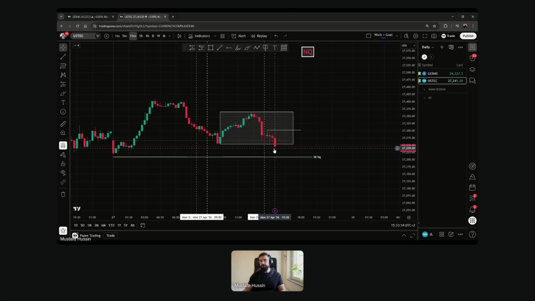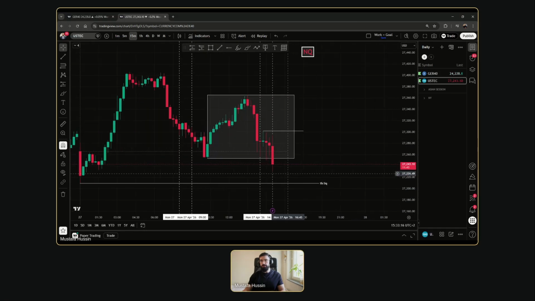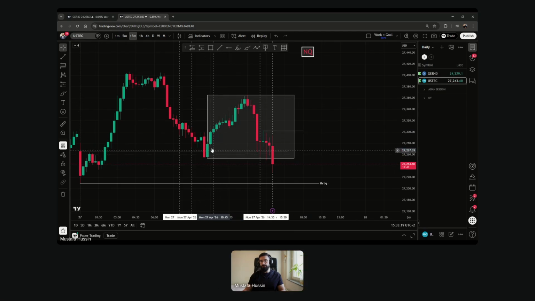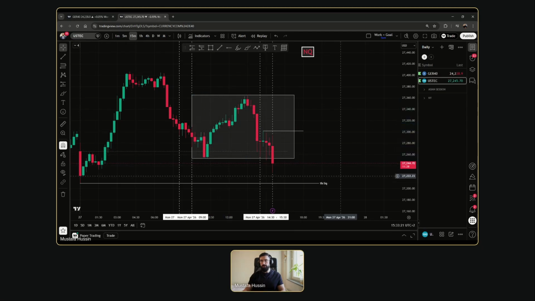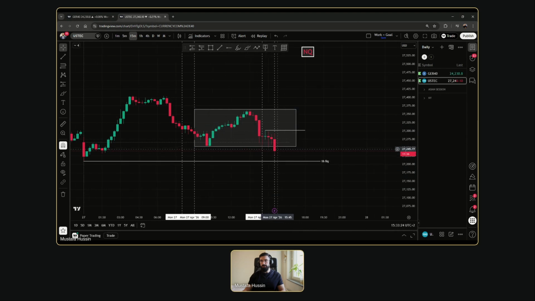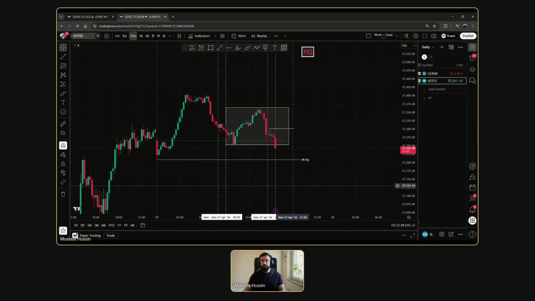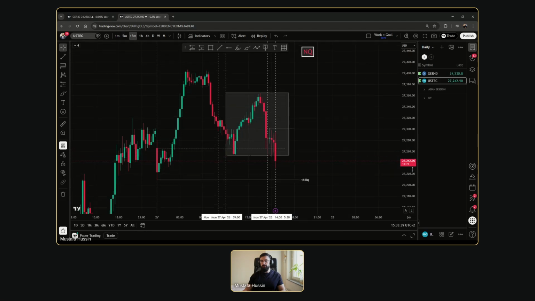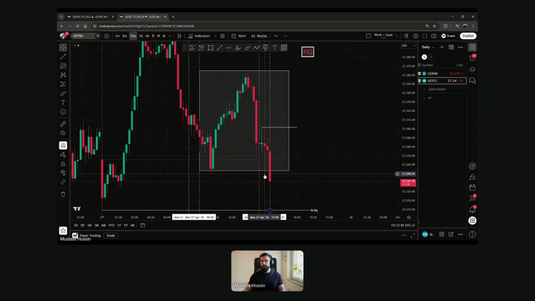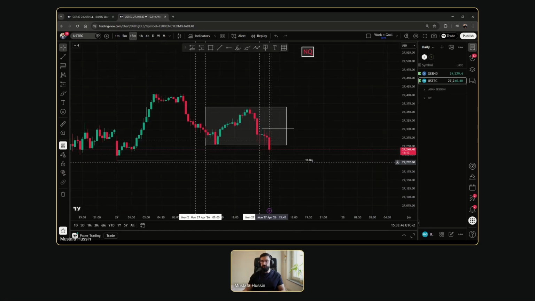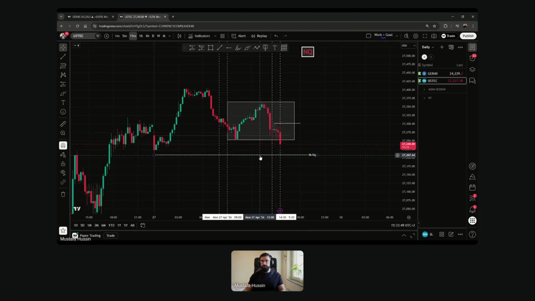If this is a 50-minute candle close, the body of the candle closes underneath the overnight range, the London session, and I'm ready to take a trade, all depending on the size of the candle, because it can continue to the upside. And the high probability of it continuing to the upside is through sweeping some liquidity. So this area right here has already been swept by this candle right here. And this area has not been swept yet. There's still some liquidity resting right here.